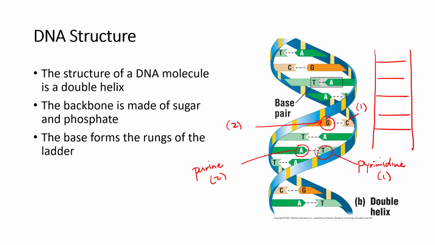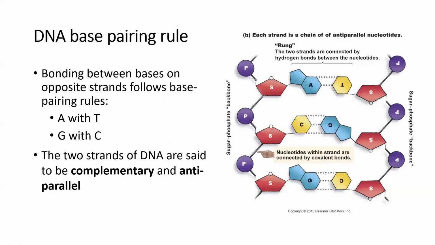Now let's take a closer look at the structure. When we describe DNA, we use 2 key adjectives, okay? We say DNA is complementary. Complementary means if you know one side, then you can find out the other side.